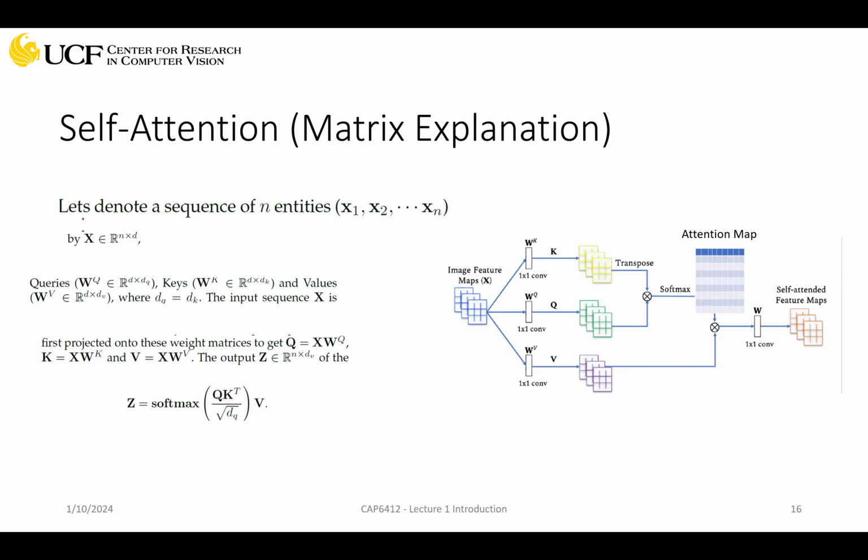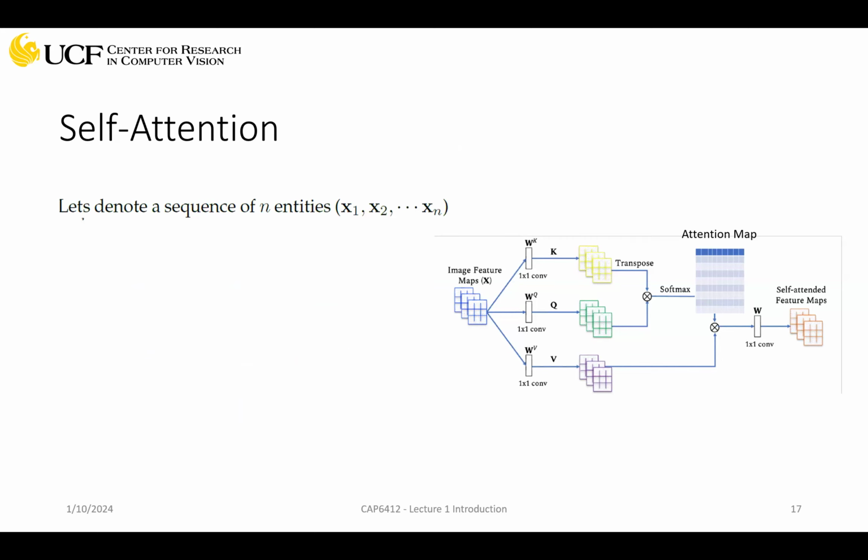So we can look at actual values here. In our case, the X matrix is 9 by 3. Yes, we have 9 tokens, each 3 dimensional. Then in our case, WQ will be 3 by 3.